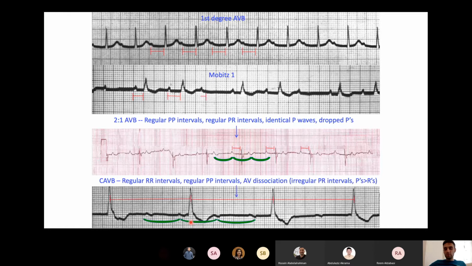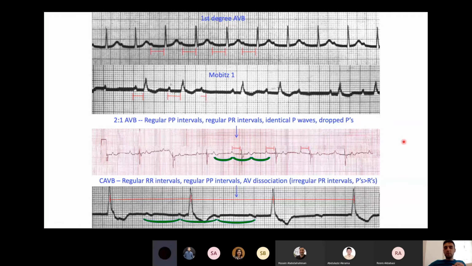So this is complete heart block, in which there is no association between the atria and the ventricle. There is no conduction between the atria and the ventricle. Okay, so you have more P's than QRSs, regular RR intervals, regular PP intervals, and PR intervals that are all over the place. Make sense? Yes.